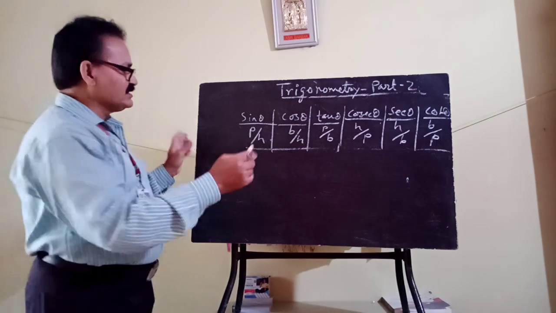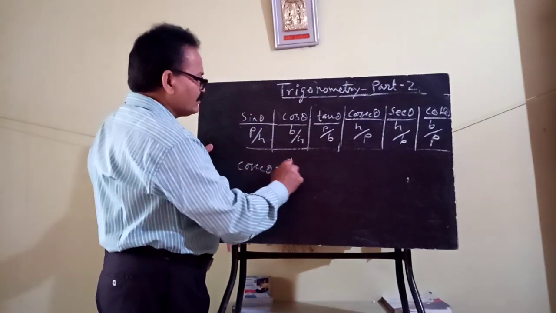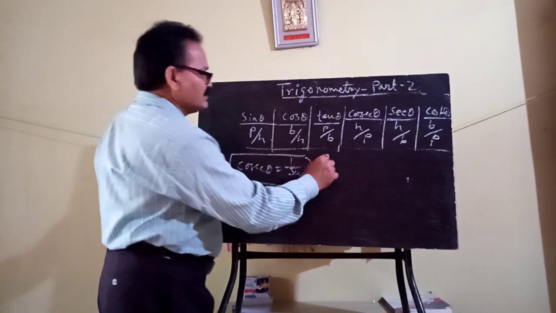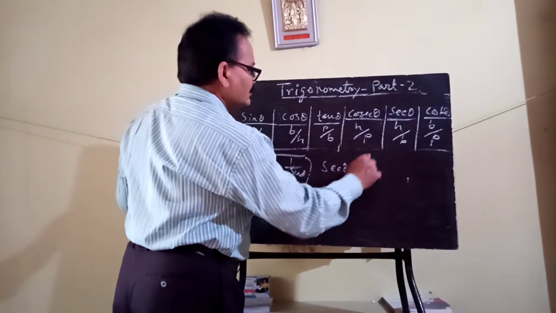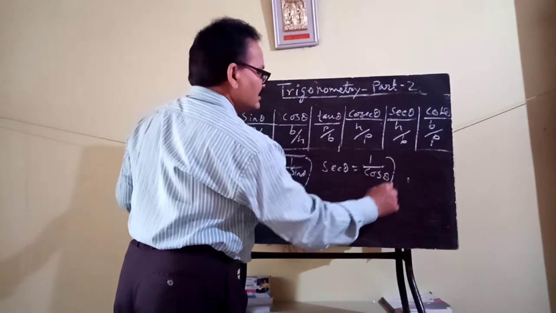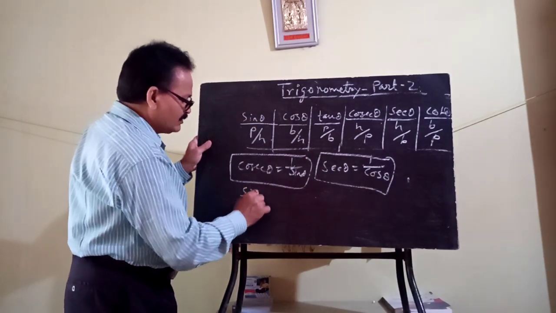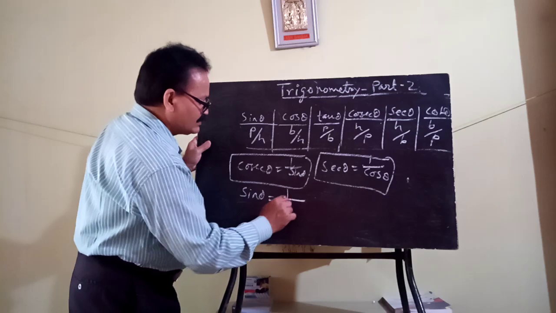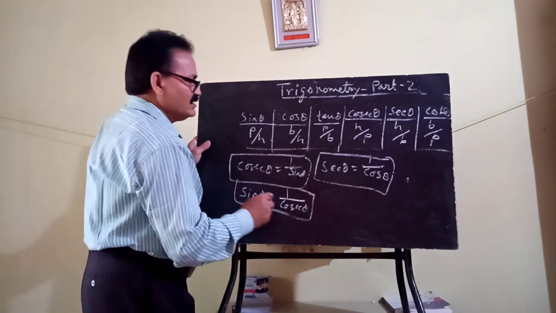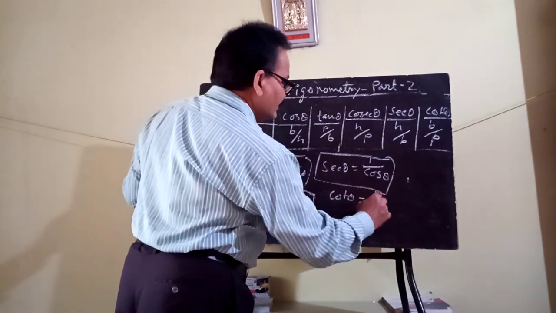Also, the relations are: cosec theta is 1 by sin theta, sec theta is 1 by cos theta, or sin theta can also be written as 1 by cosec theta. Similarly, cot theta is 1 by tan theta.